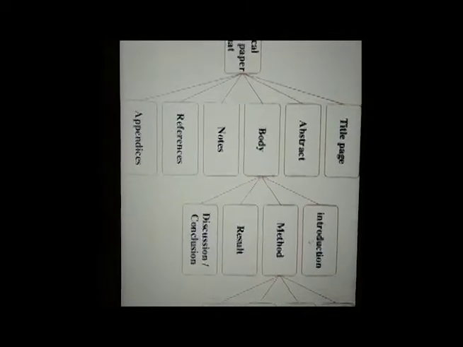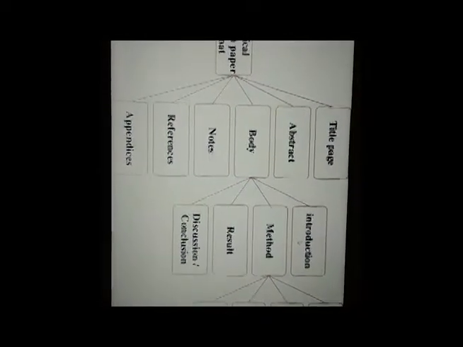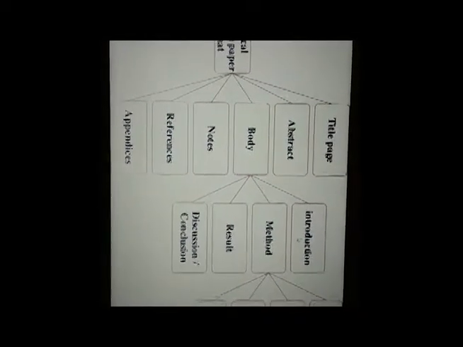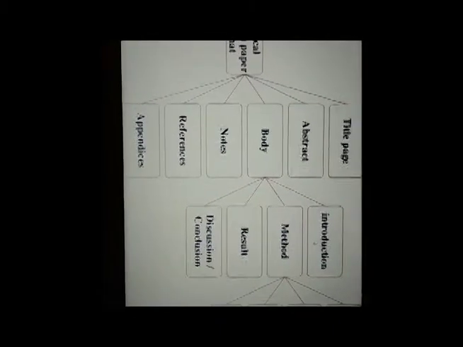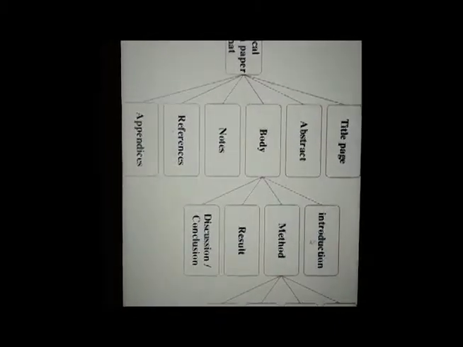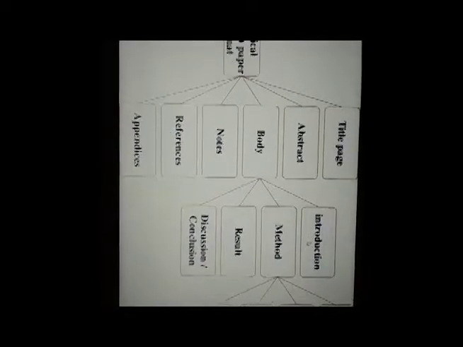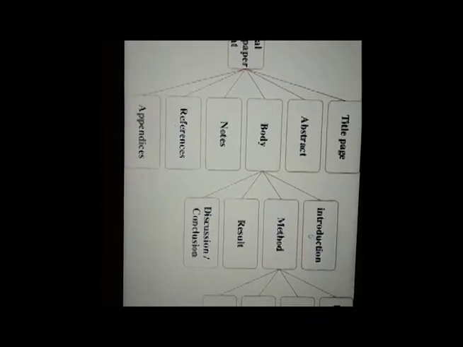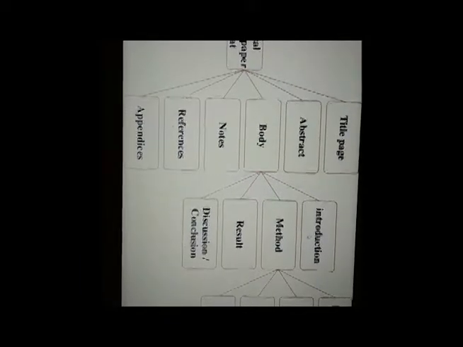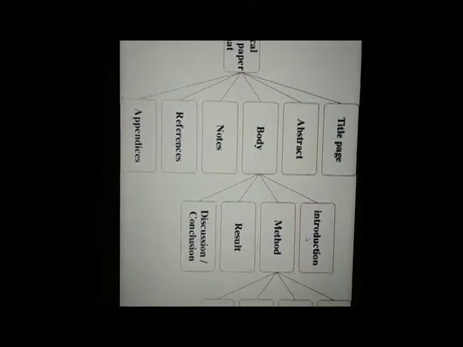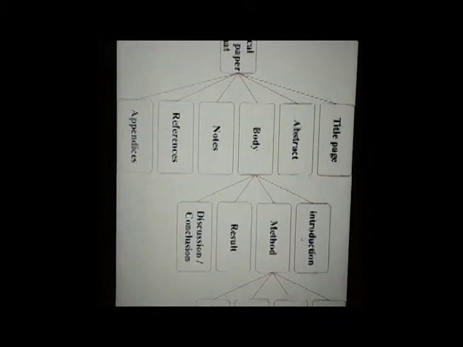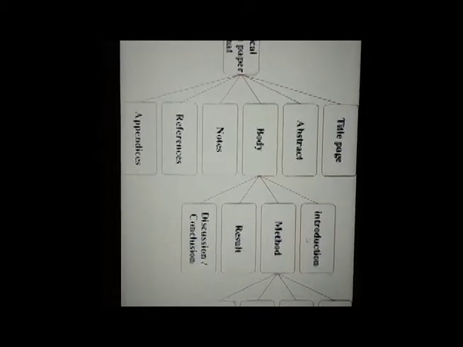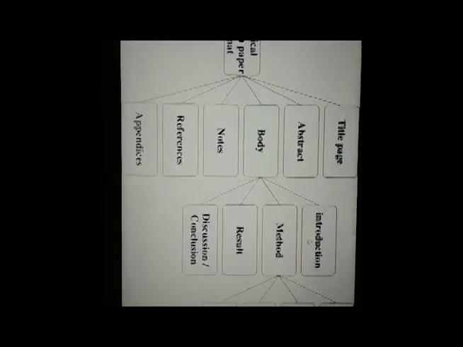Another example, you are trying to do a comparative research between one thing and another. For example, a comparative study between students with low motivation and students with high motivation.